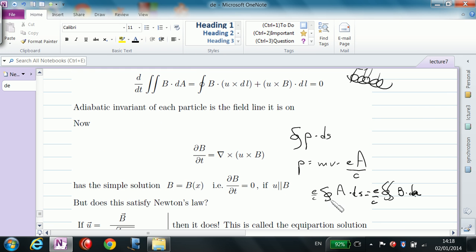Now this closed loop, of course, is the gyro radius of the particle.